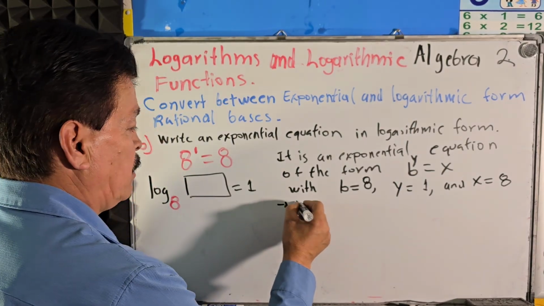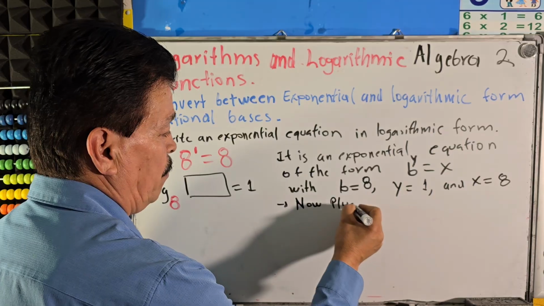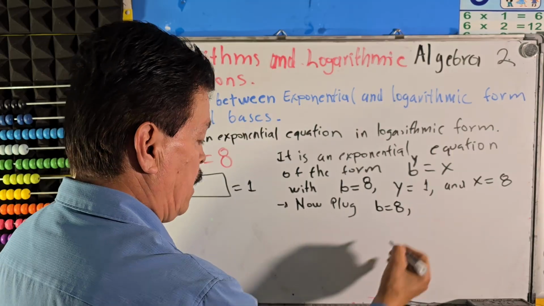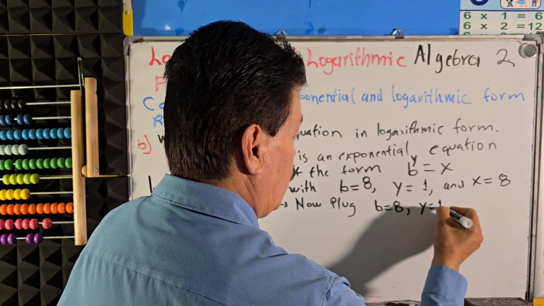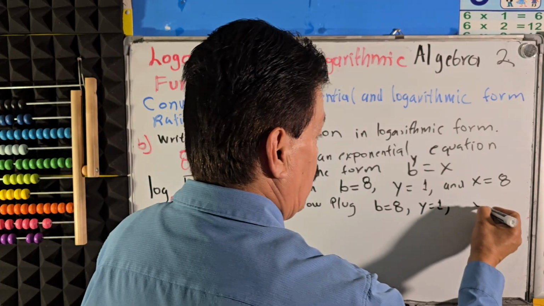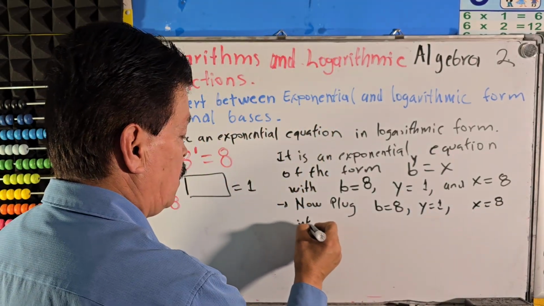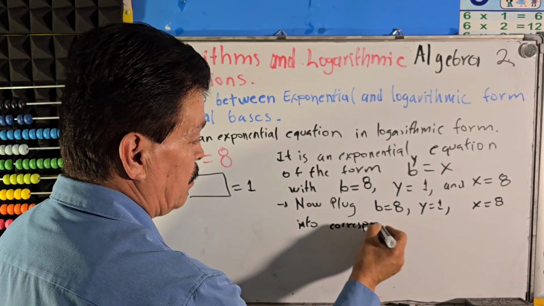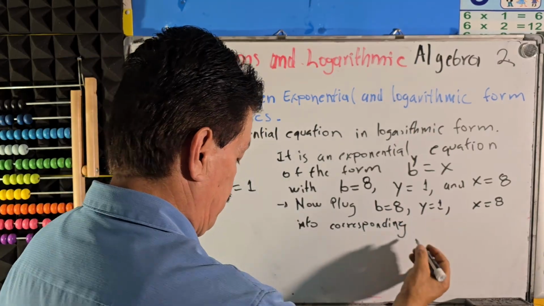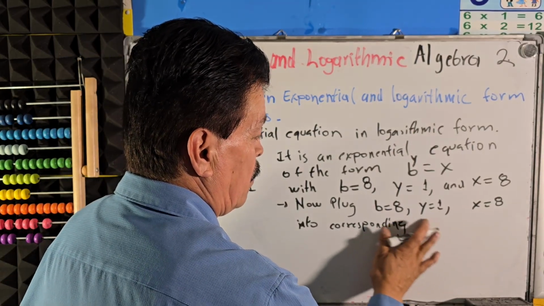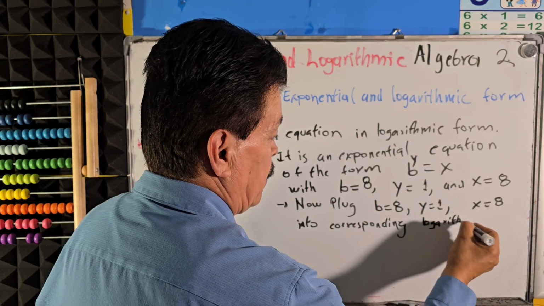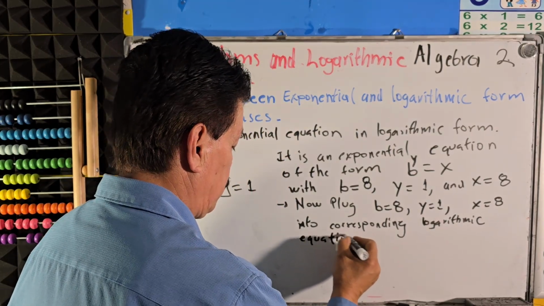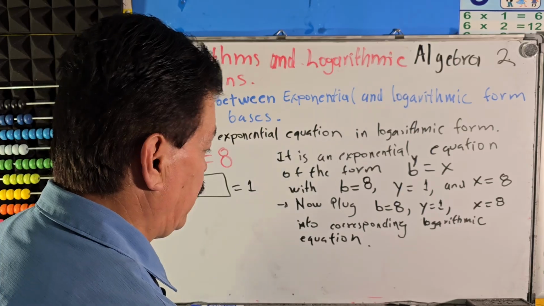Now next step, plug it in. Plug b equals 8, y equals 1 and x equals 8 into the corresponding logarithmic equation.